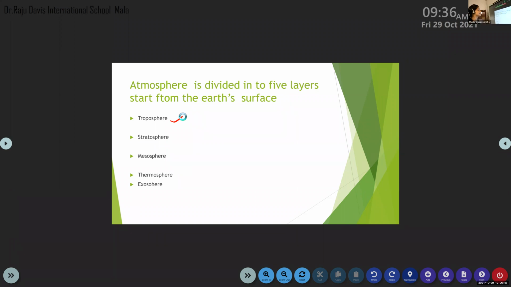Okay, children. So the earth's atmosphere is divided into 5 layers. Troposphere. Then just above the troposphere, it is stratosphere. Then the middle layer, mesosphere.